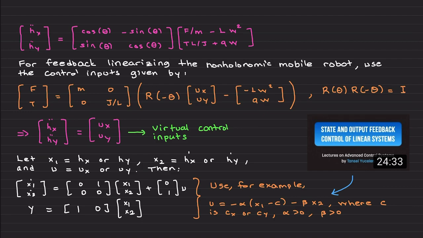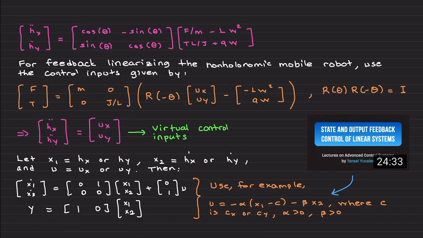Now, since you have much simpler dynamics, you are in the linear domain right now. For example, you can select x1 to be xh or yh, x2 to be hx dot or hy dot, and u to be ux or uy. You can write this in state space form and then use, for example, this control signal for both axes.